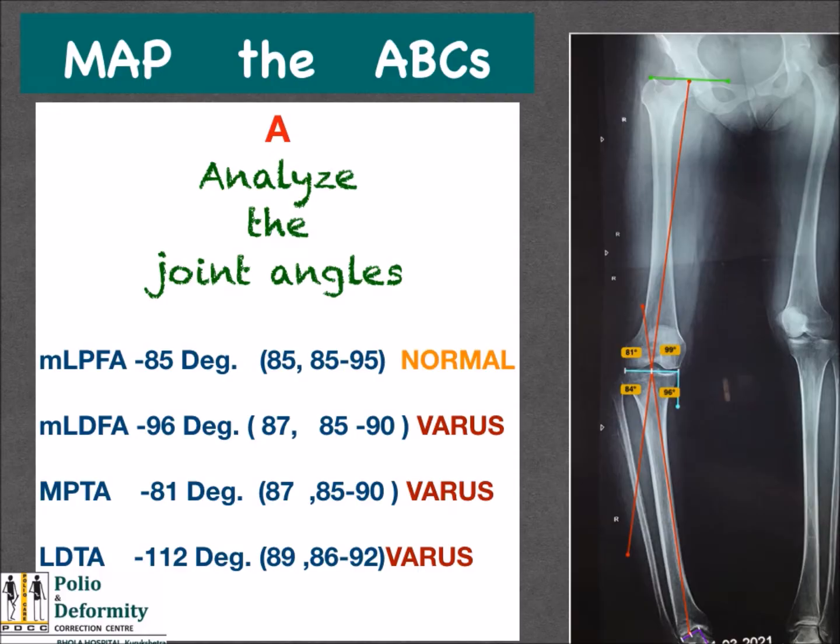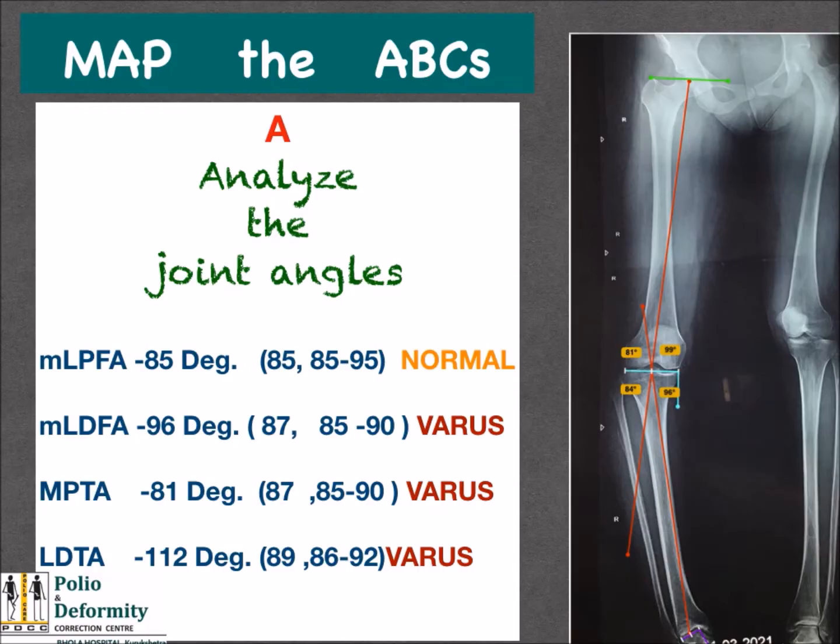Lower end of the femur, MLDFA is 96 degree, varus. MPTA is also varus because it is 81. And lower end of the tibia on the right side, LDTA is 112, which means varus.